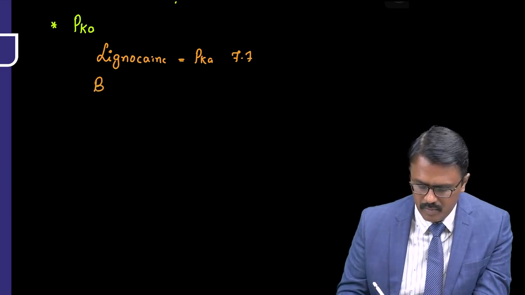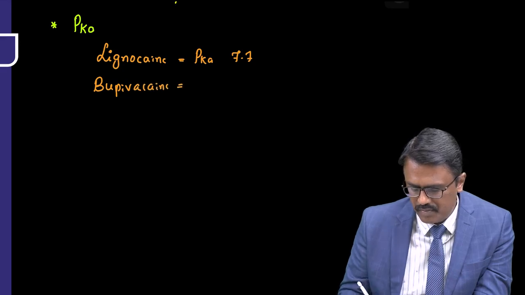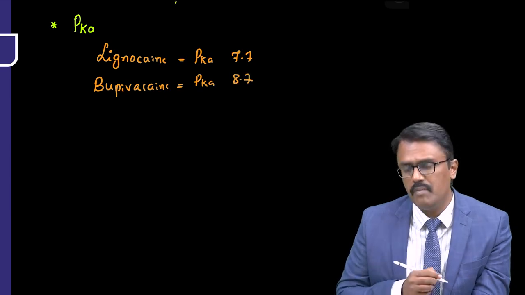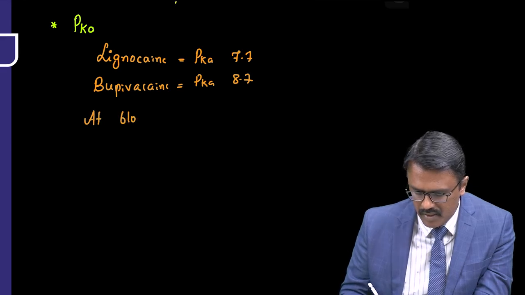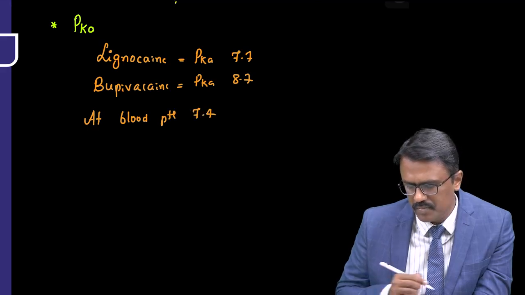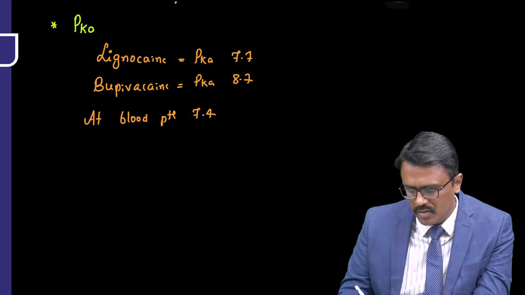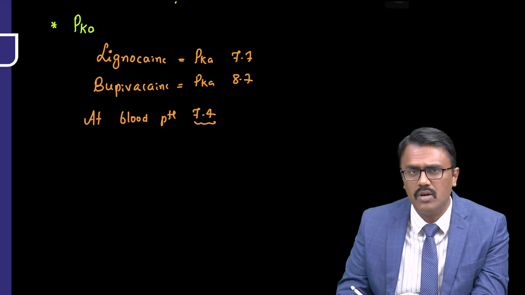Another drug, bupivacaine, has a pKa value of 8.7. Now tell me, at the blood pH, which is around 7.4, who is more in the non-ionized form?